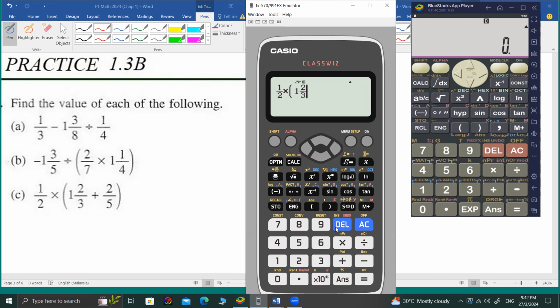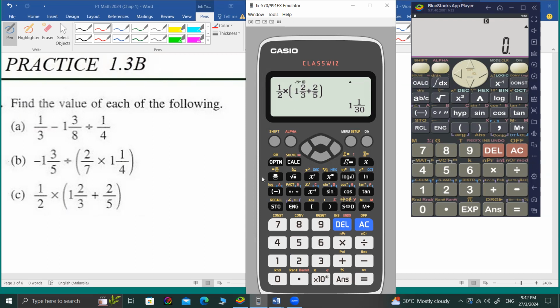Plus, you go to the right arrow first, plus fraction again, 2 per 5. Go right arrow, close the bracket, equal. So Junior, you see, change to mixed number, you key in here. 1 and 1 per 30.